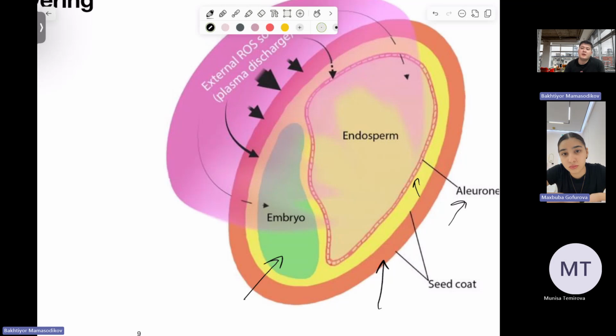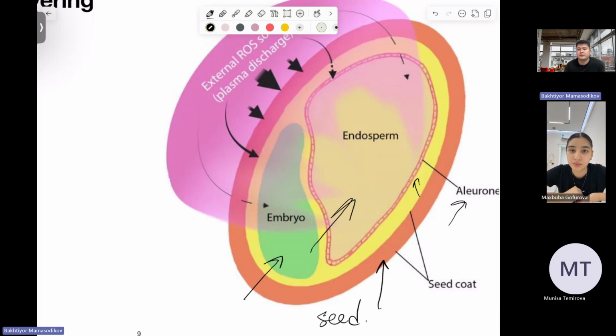It is the baby plant, will grow into the new plant. What is endosperm? This is the food-rich tissue from the polar nuclei plus sperm. It feeds the embryo which is inside the seed. This is actually the big seed. Any questions?